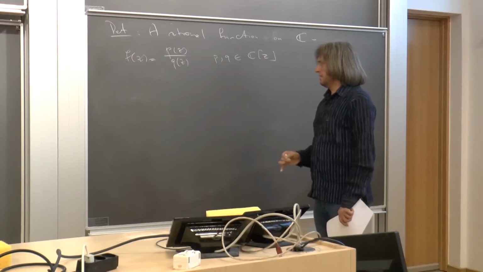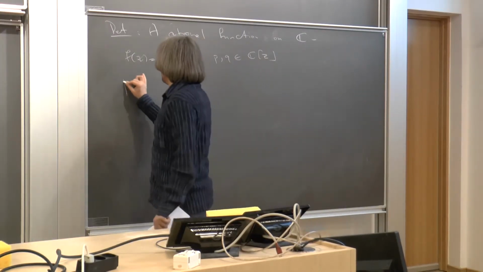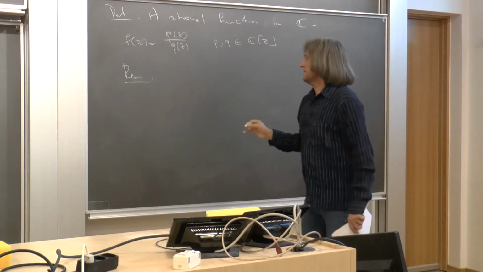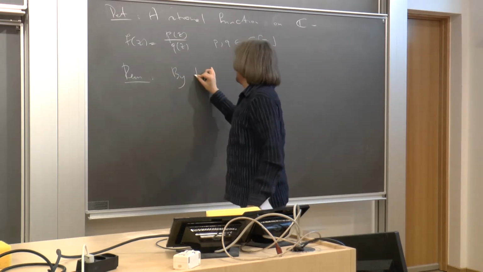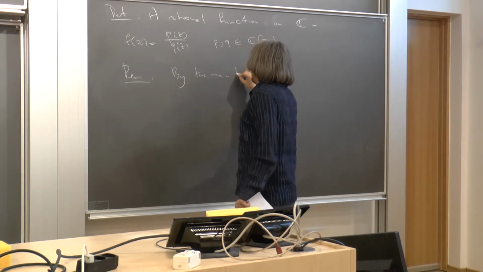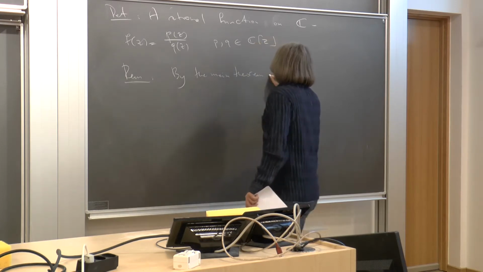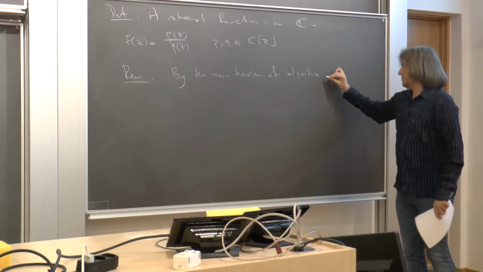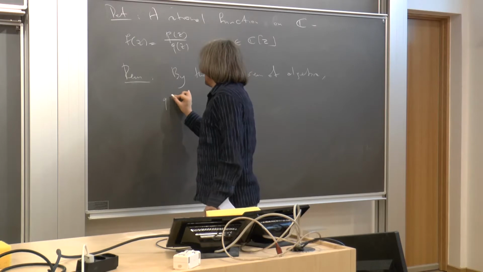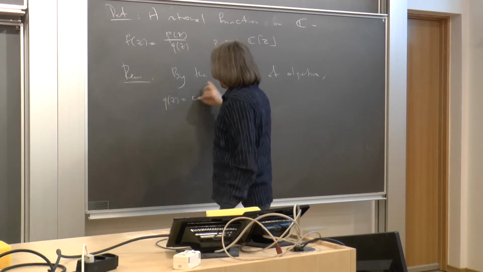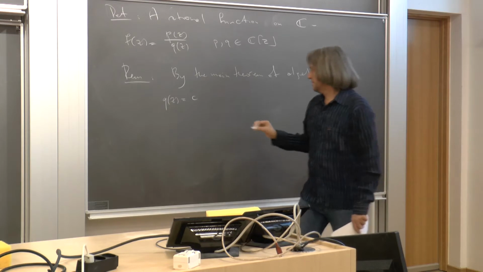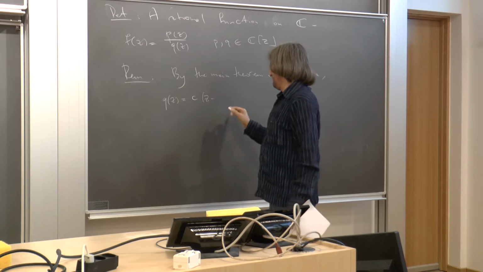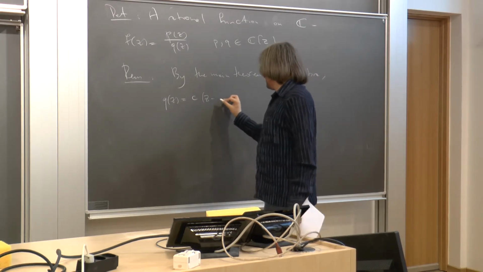So, remark is that by the fundamental theorem of algebra, Q of z can be presented uniquely as some constant, which doesn't matter, times a product of powers of linear polynomials.